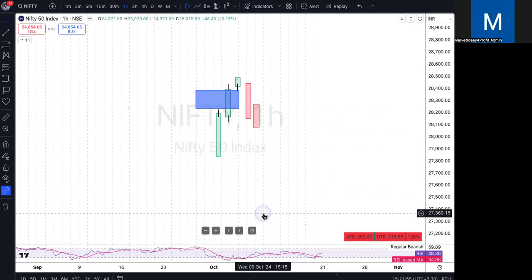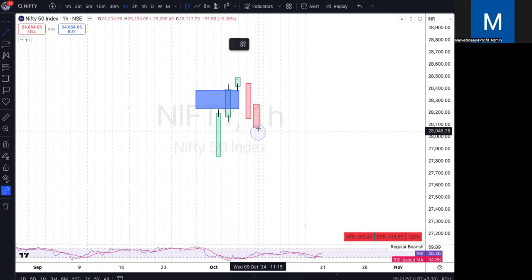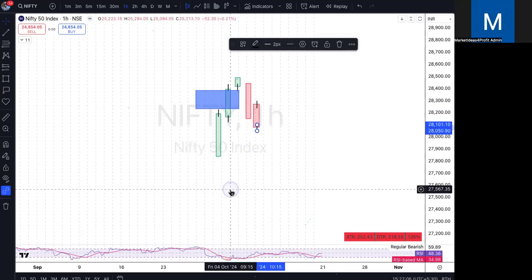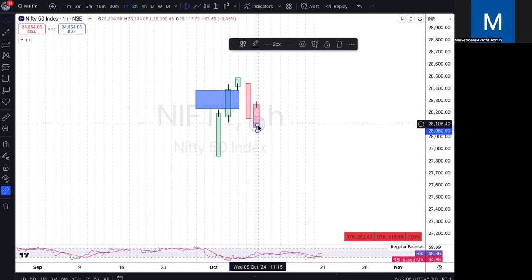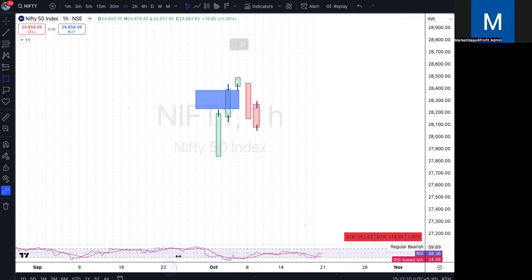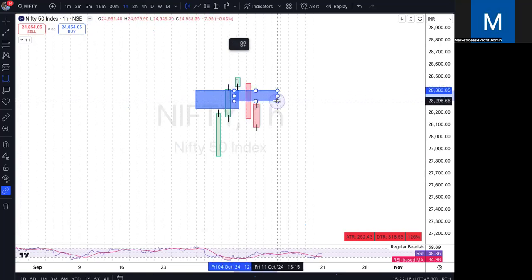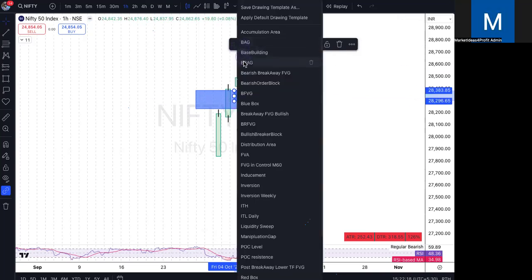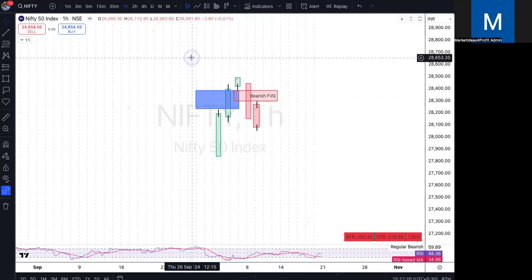Now, what you're seeing here is that we have, say, a wick here on top, and like all candles, we do have wicks. So I'm just going to try and make it as realistic as possible. What happens here is that the bottom of the first candle and the top of the third candle, the gap that shows up there is the bearish fair value gap.